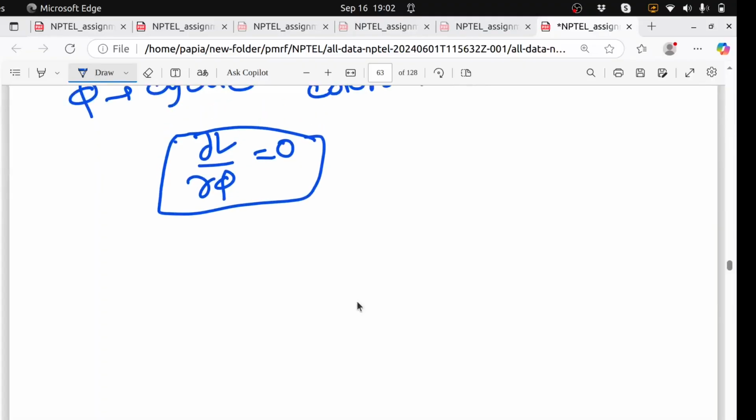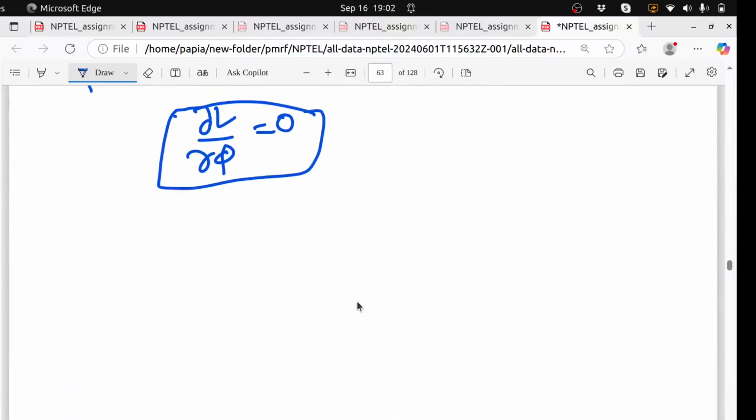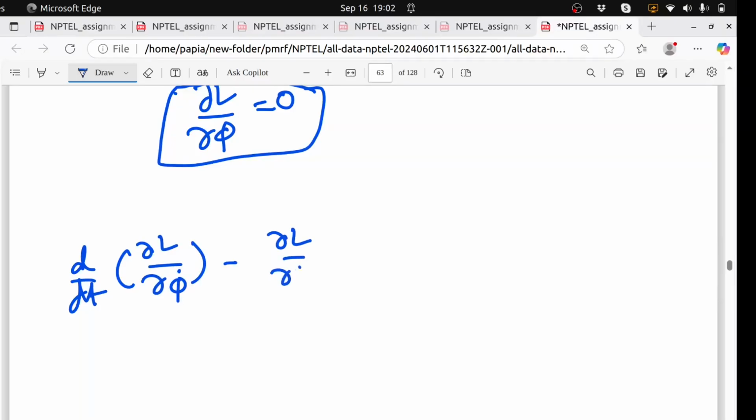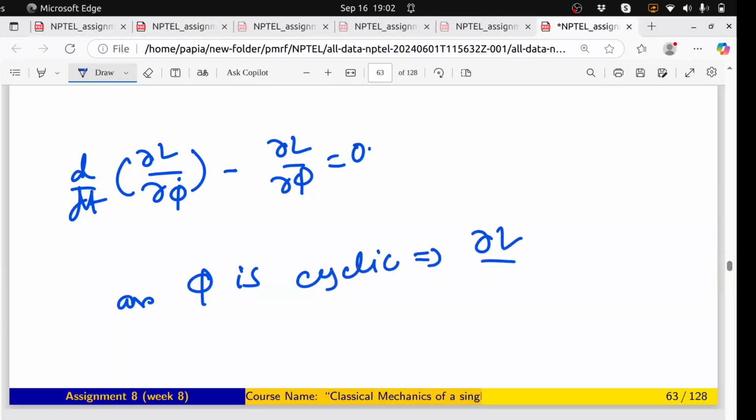Now to know what the conserved quantity is here, we can use the Euler equation. Okay, so the Euler equation is d/dt of del L del phi dot minus del L del phi equals 0, right? Now we know as phi is cyclic, del L del phi equals 0.